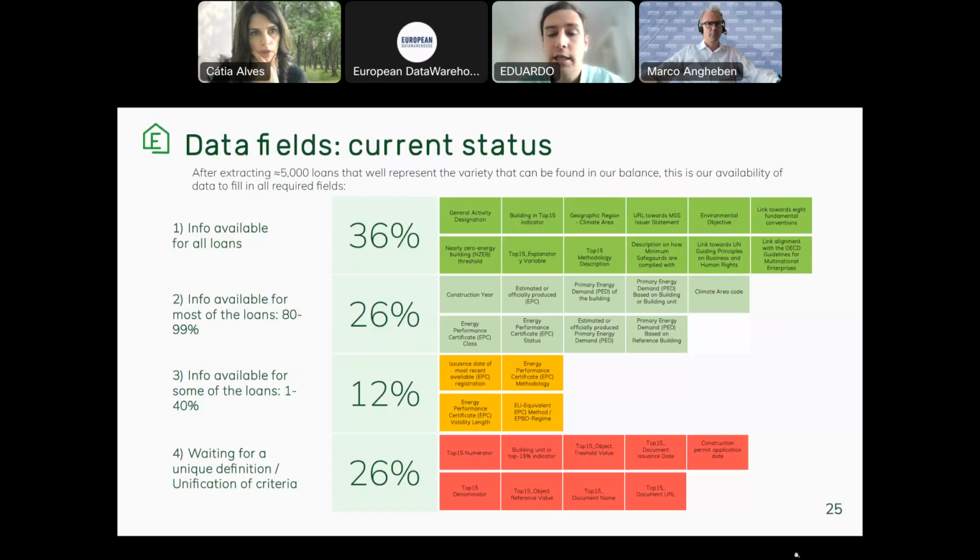Besides this, the other 6 fields we have in this very green color are the fields related to the governance side of the template.